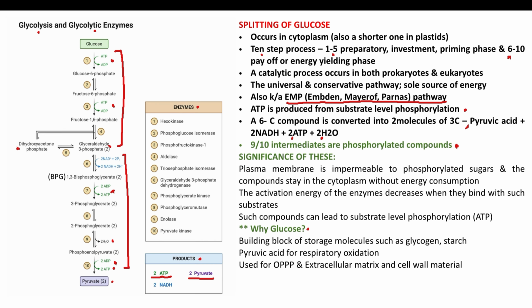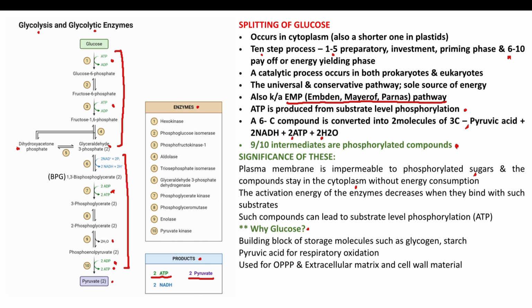When the sugar is phosphorylated, children, it is very easy for the phosphorylated sugar to be formed inside the cytoplasm, but it cannot cross the plasma membrane, and therefore once it is formed, it is inside the cell, it cannot be lost.